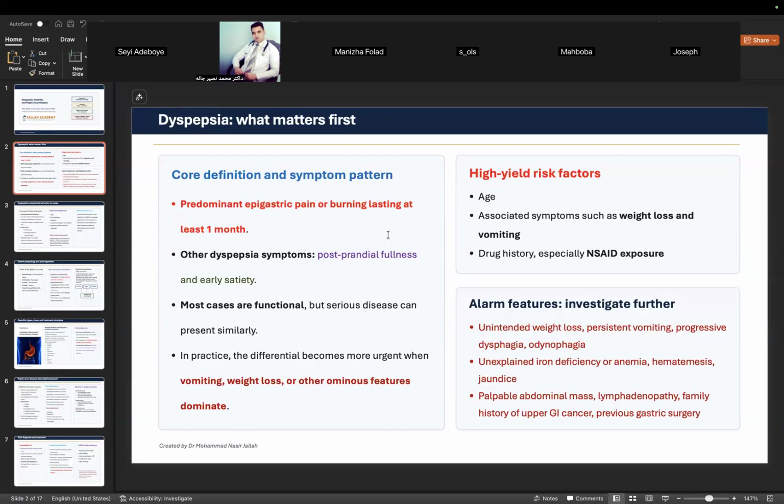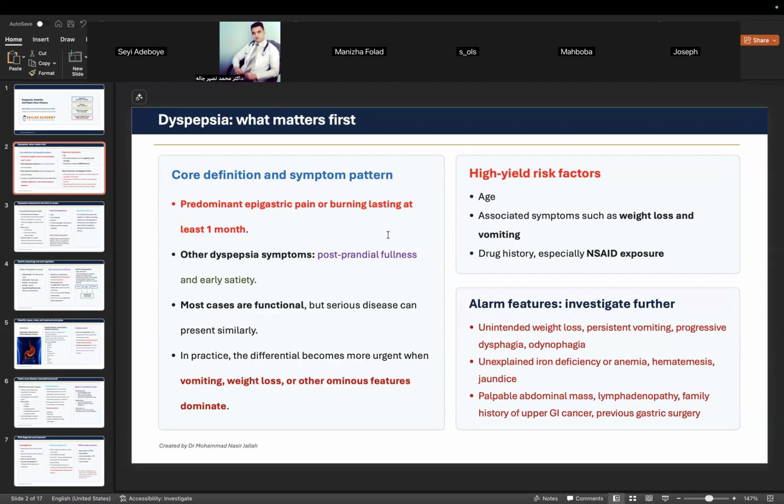High yield risk factor. So in terms of age, pay attention to the age of your patient. If the patient is anything above 60, like 69, 68, 67, anything above 60 should raise your eyebrow. This is going to be a little bit challenging.